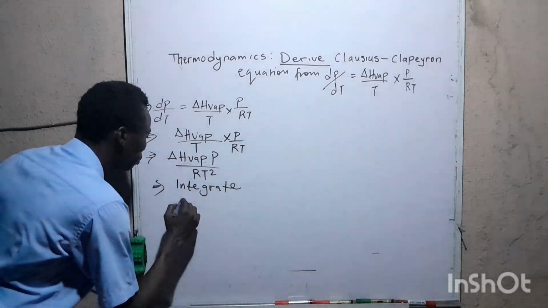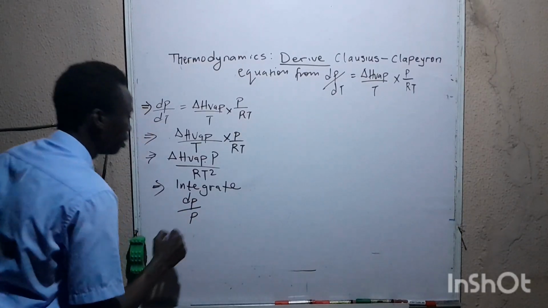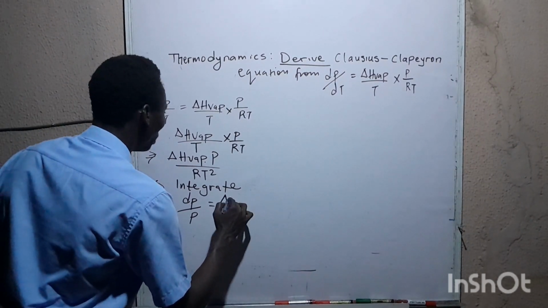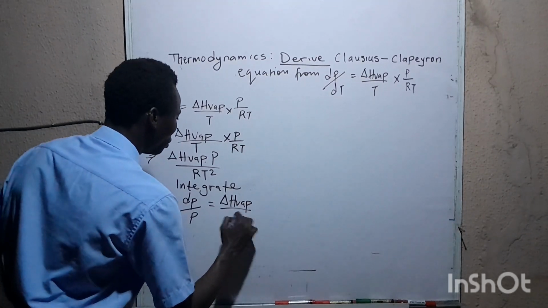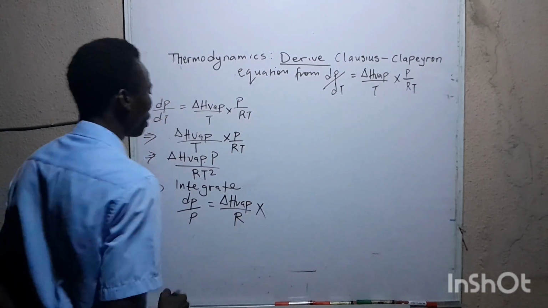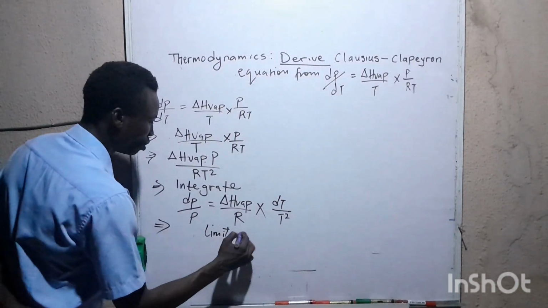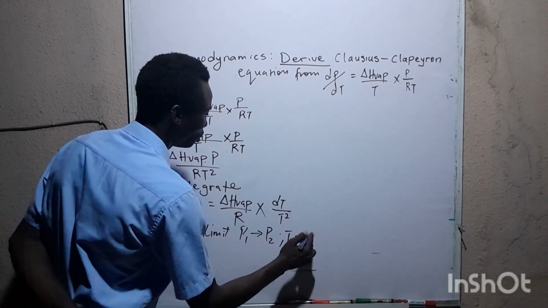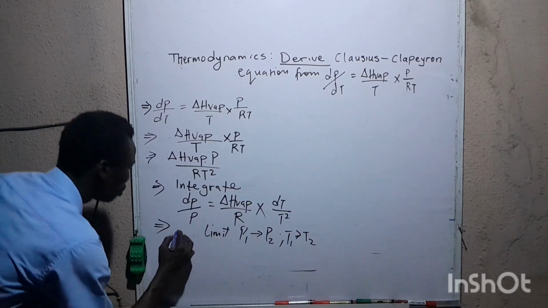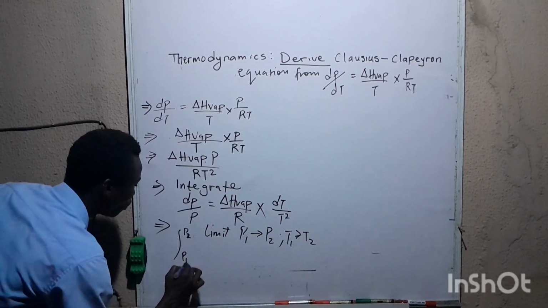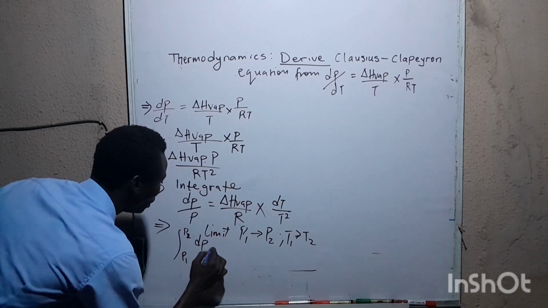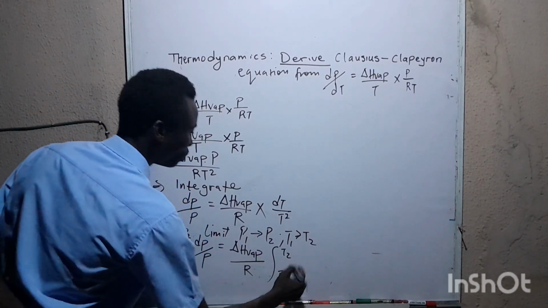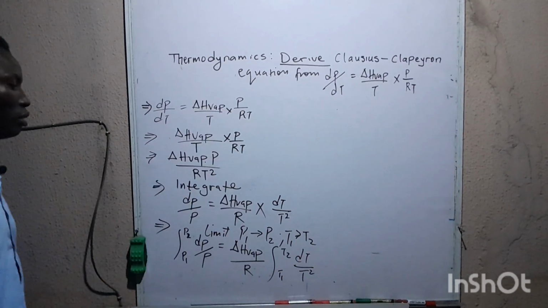You are going to have dP over P equals the heat of vaporization over R, multiplied by dT over T squared, integrating with limits P1 to P2 and T1 to T2.